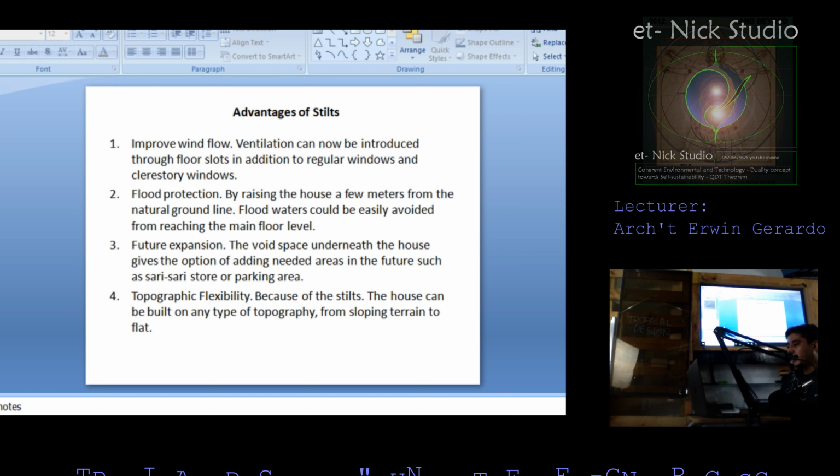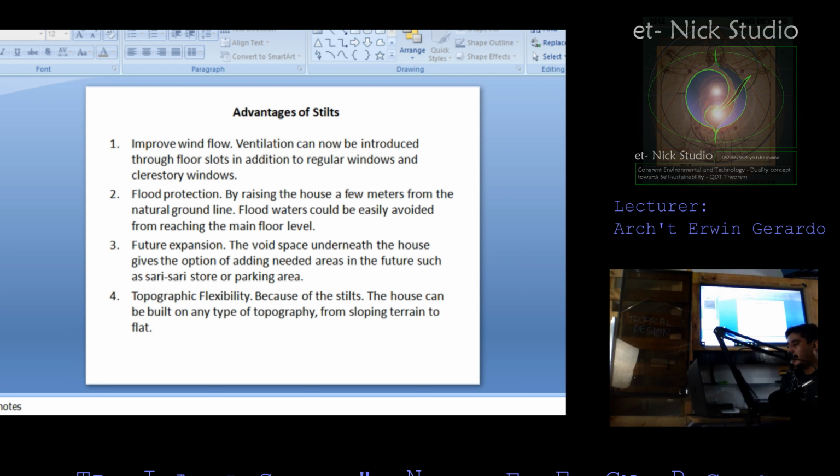Second is flood protection. By raising the house a few meters from the natural ground line, floodwaters could be easily avoided from reaching the main floor level. Number three, the advantage of stilts, or in simple layman's terms, the silong, is that it is allotted for future expansion.